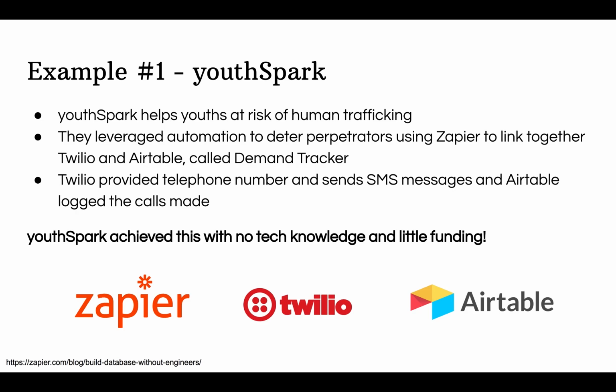So the first example is from YouthSpark, a charity based in the US. And what they do is they help young people who are at risk of human trafficking. And they wanted to create an automated system to deter potential perpetrators from the act of human trafficking. So they set up a system whereby they put an ad online with a telephone number in it.